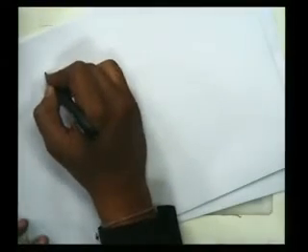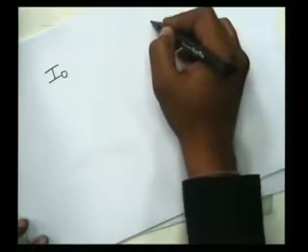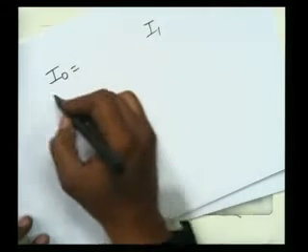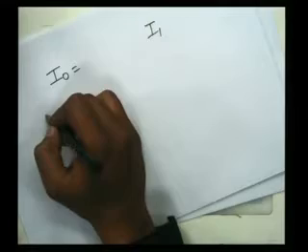Now, in the above formula, we have two unknowns, I0 and I1. I_n equals the integration from 0 to pi by 2 of sine raised to n x dx.